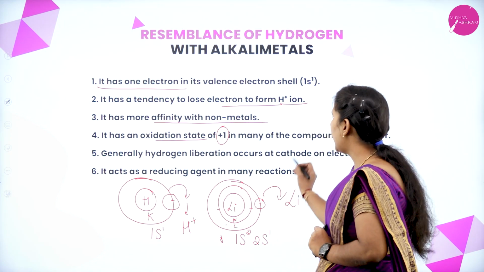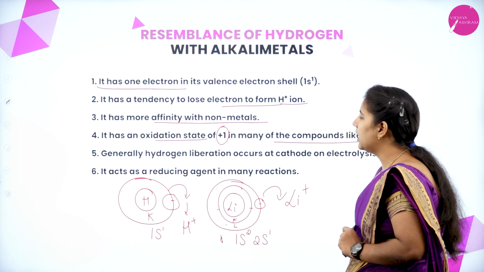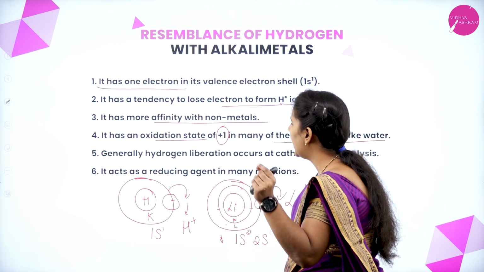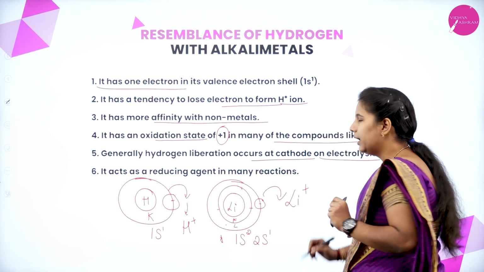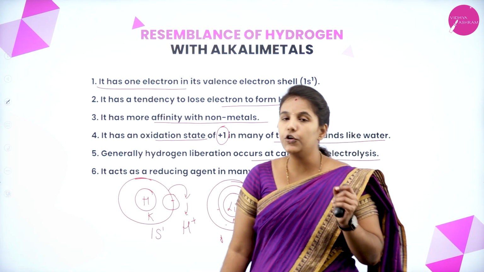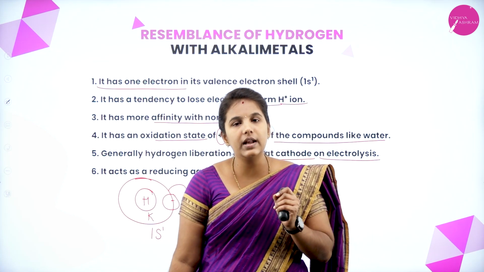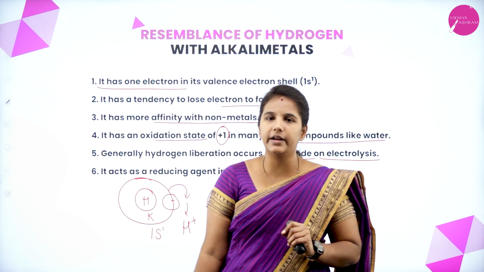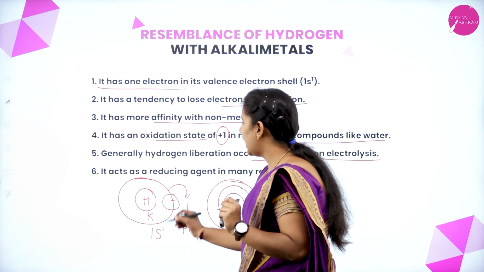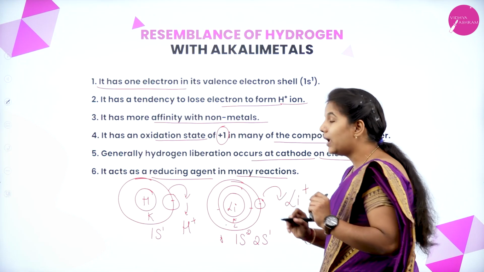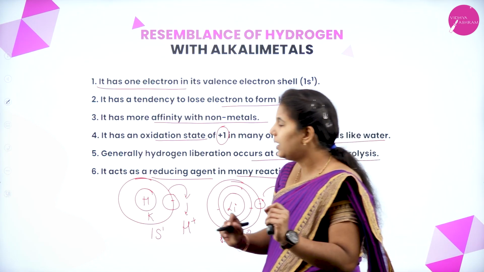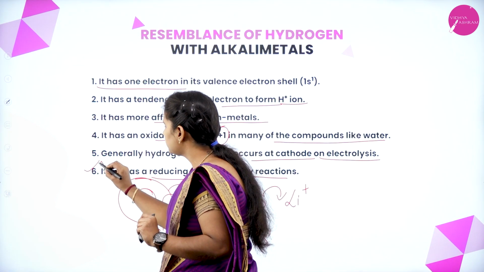And in many compounds with water, hydrogen liberation generally occurs at the cathode on electrolysis. If you do the electrolysis, the hydrogen gas will generally be liberated at the cathode. And it acts as a very good reducing agent for many reactions. It is very, very important.